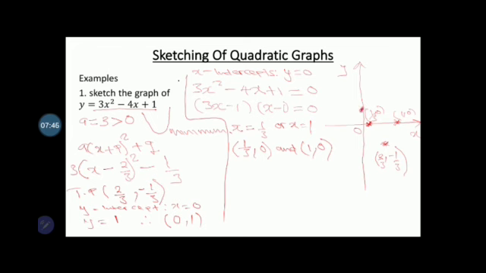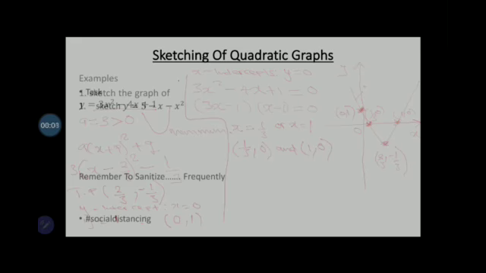Let's have maybe 0, 1 there. So all that's left is for you to connect the points as smoothly as you can without shading. So it goes there, comes there. That's our turning point, so it means your graph will turn, then goes up. So this is the graph.